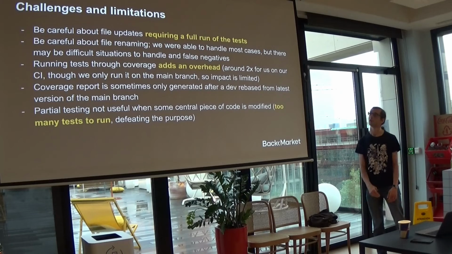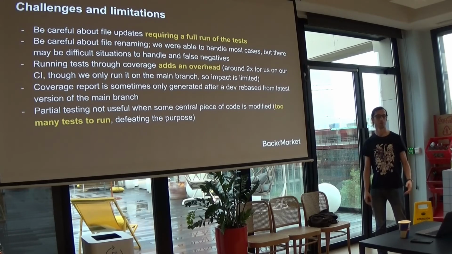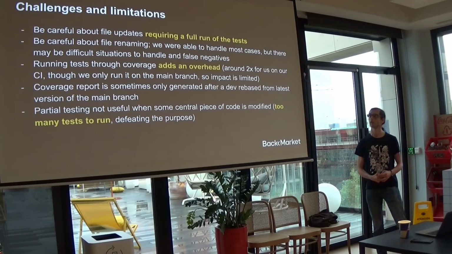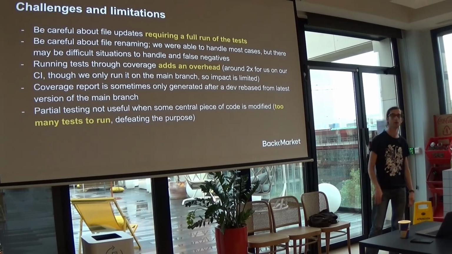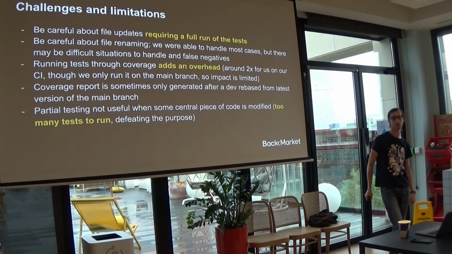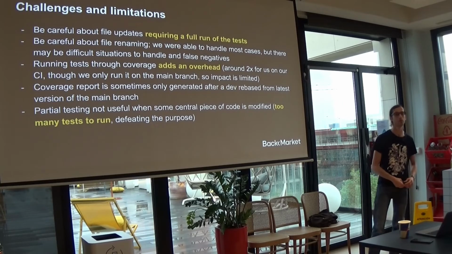On renaming files, before querying the coverage database, you first need to use the old path of the file in the SQL query, because coverage doesn't know yet about the file rename. So if you use the new file name for querying the database, you will get an empty result because the file doesn't exist yet on the previous commit.